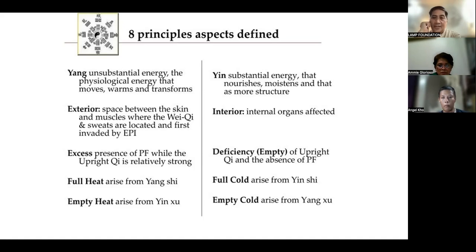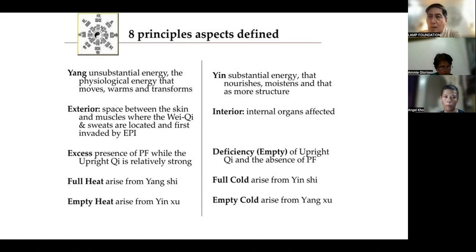So when you say excess, okay? Pag sinabi nating excess, there is the presence of pathogenic factor while the upright chi is relatively strong. Okay. Pag narinig niyo po ang excess, ibig sabihin there is a war going on. Of course, when you talk about the upright chi, this is supposed to be the chi that will protect you from invaders. Okay? So obviously, there should be something going on. Do you follow?